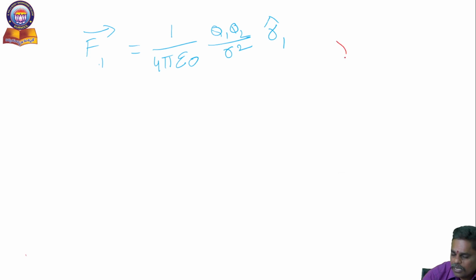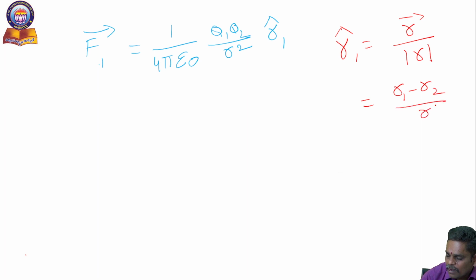Unit vector value is equal to R by mod R. This one is R1 minus R2 by R. Now we are substituting this value here.